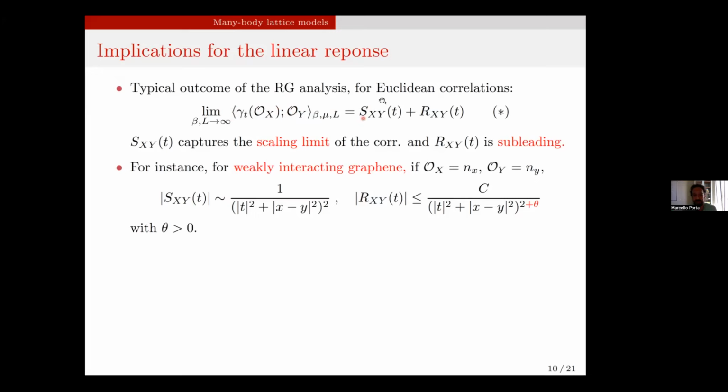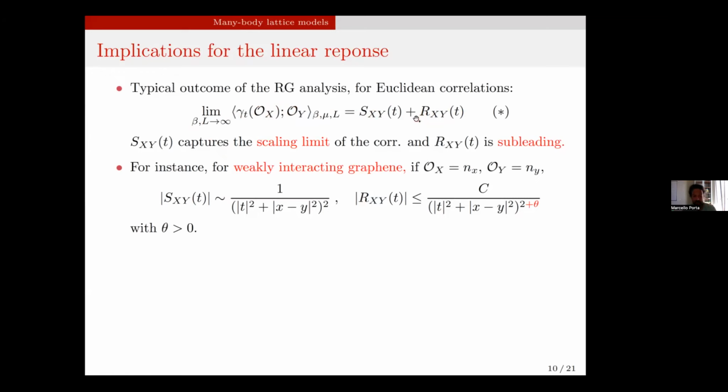There is a first term that captures the scaling limit of the correlation function, and in fact the large scale behavior of this object. And then there is another term that takes into account deviations from the scaling limit, which in fact decays faster in space and in imaginary time.